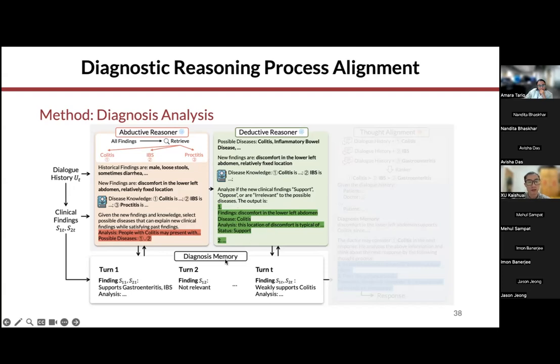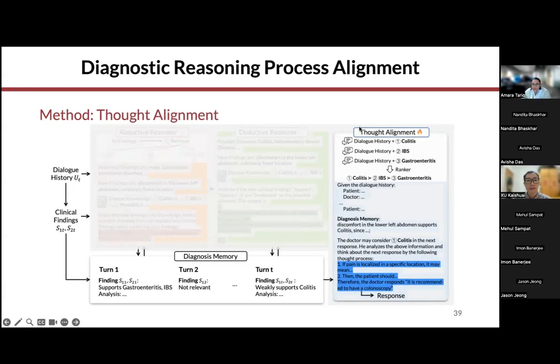Through this reasoning process, we construct the diagnosis memory: the first turn, second turn, until the T-th turn. It includes the findings and the relation between the findings and the diseases.